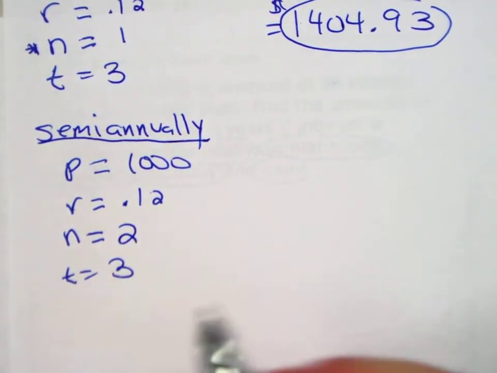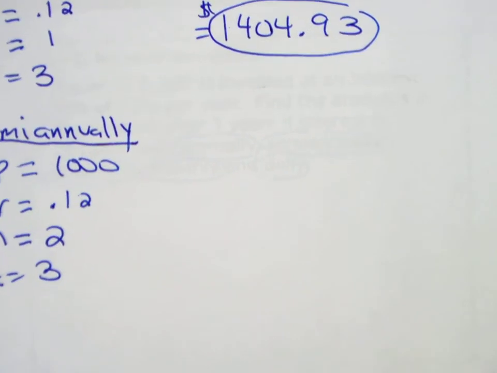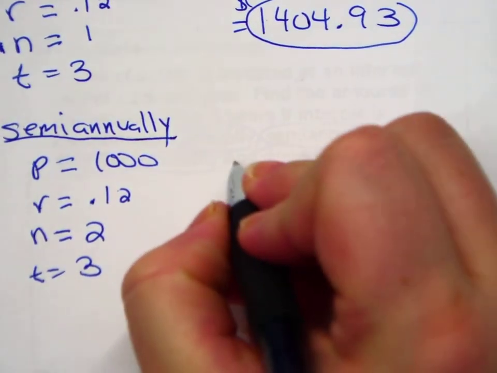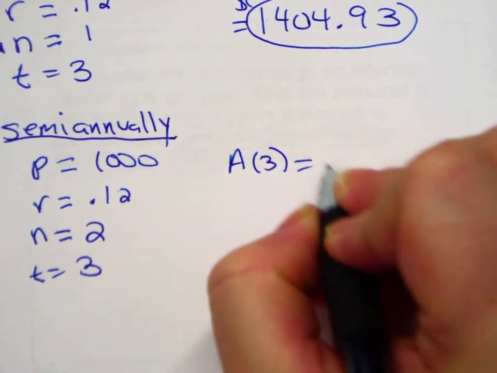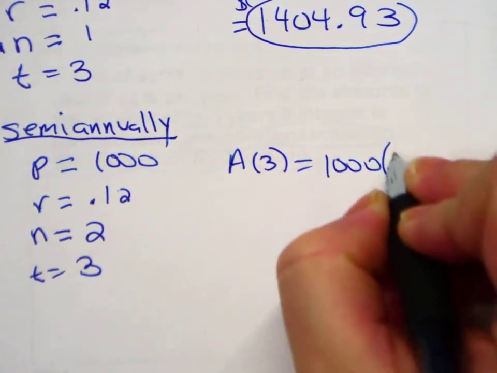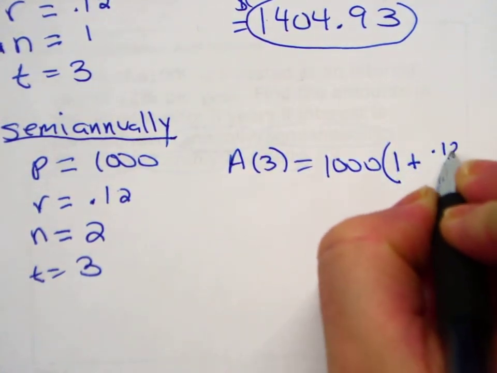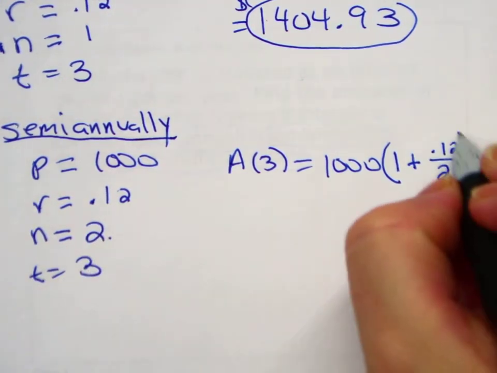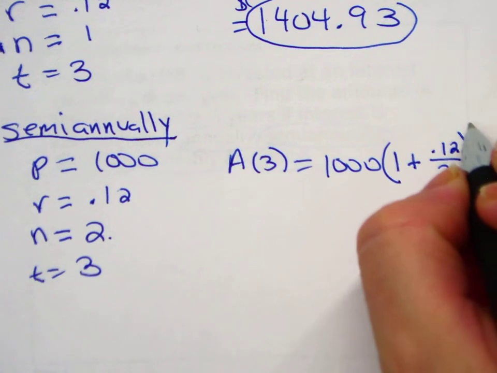Semi usually means 2, right? So it's the same thing again. A of 3 equals 1,000 times 1 plus 0.12 over 2 to the 2 times 3.